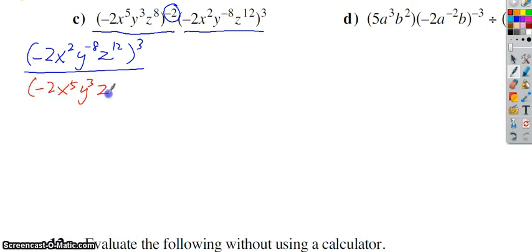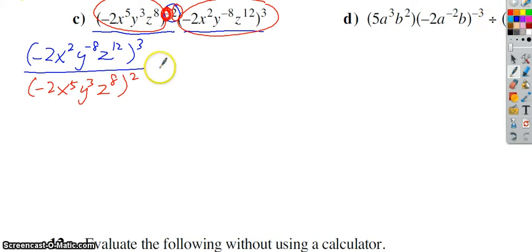This is the thing in here, but now I flip it to the bottom because of the negative sign. So in this step, I only did one thing, which is to take care of this negative sign. Nothing else changed. This whole thing is on top, it stays on top. This whole thing moved to the bottom. The 2 stays. The only thing I'm taking care of right now is the negative. Because of the negative, I need to flip that whole thing to the bottom.